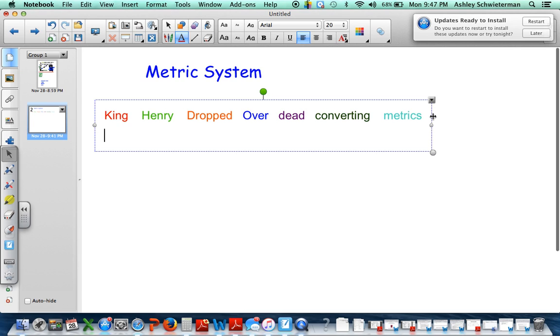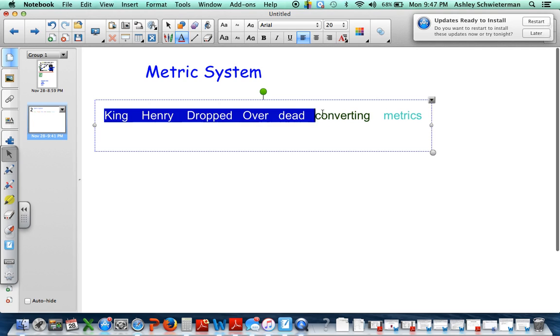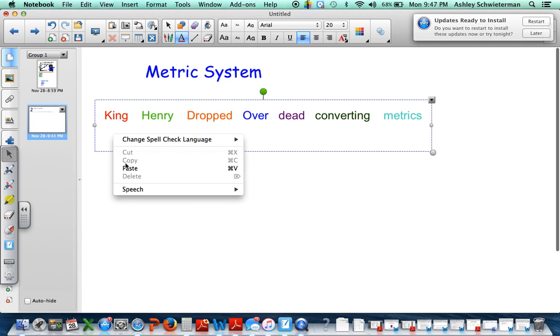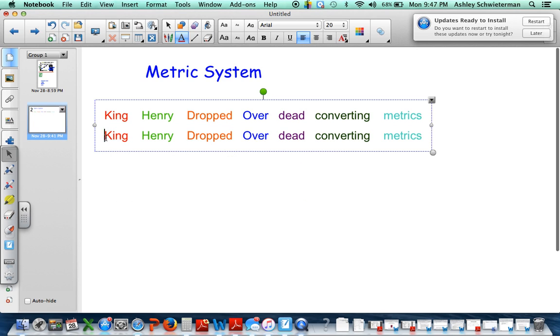So, my prefixes then are, maybe this will help so I don't have to change my ink every time. Kilo, hecto, deca.